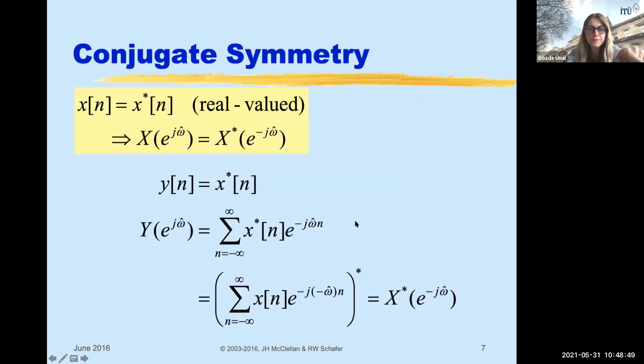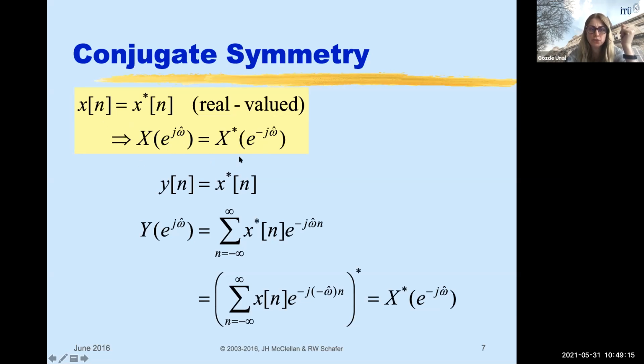This is also something we've seen: the conjugate symmetry property for a real valued signal. We've derived this for frequency response. And you now know that frequency response is really the discrete time Fourier transform, or continuous time Fourier transform, of the impulse response function. So this is really the Fourier spectrum, and it satisfies conjugate symmetry.